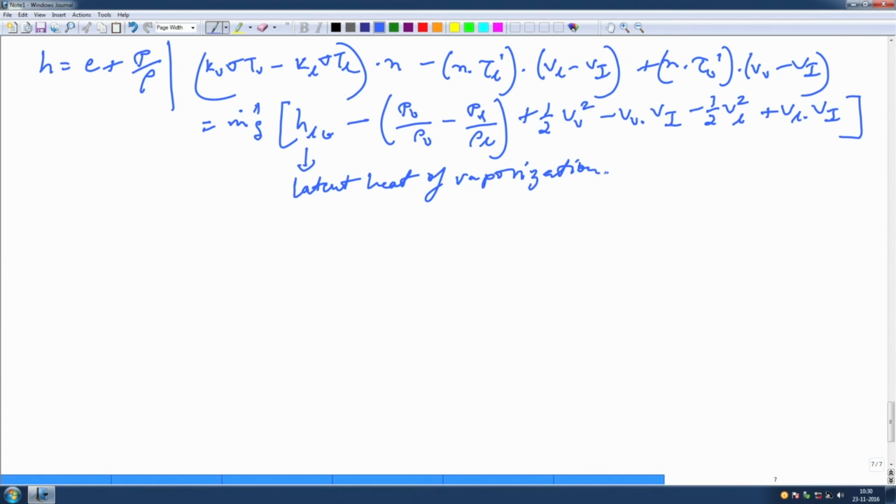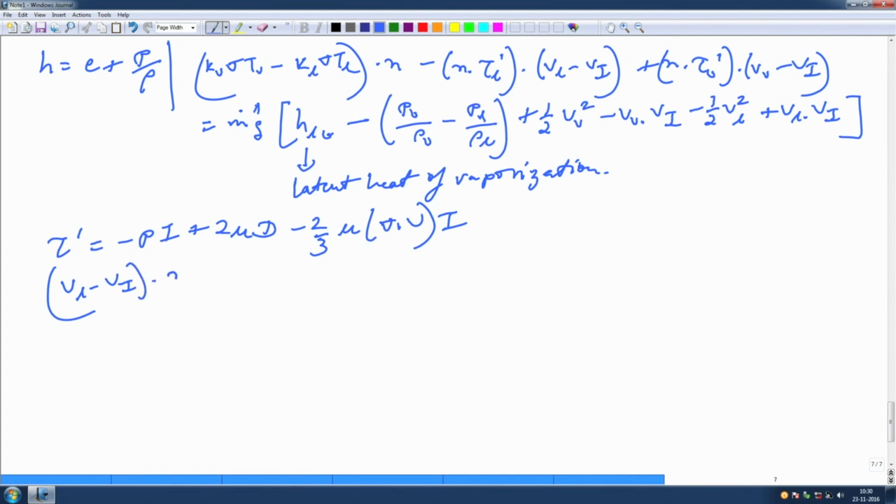Right. Okay. Similarly, we told earlier that the stress tensor is already predefined, Pi plus 2 mu d minus 2/3 mu, into the corresponding identity. So, since the relative velocities of the interface also satisfy this condition, VL minus VI dot n must be equal to m dot double prime divided by rho L. That is the velocity of the interface.